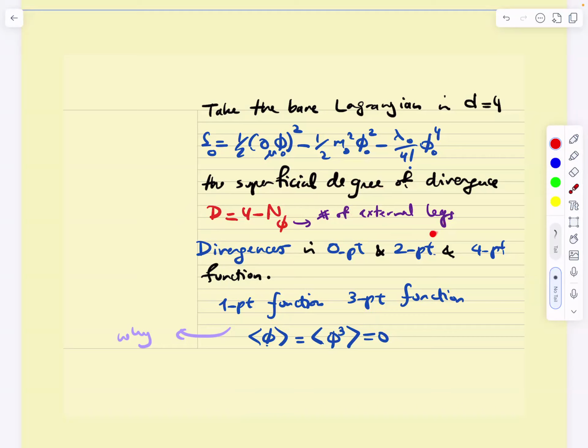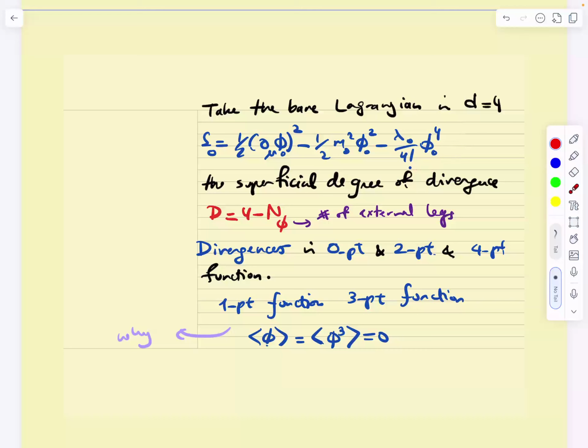Do you remember how this worked? When we talked about the superficial degree of divergence for lambda phi 4 theory, we saw that it only depended on the number of external legs, right? In 4 dimensions, this is what it is.